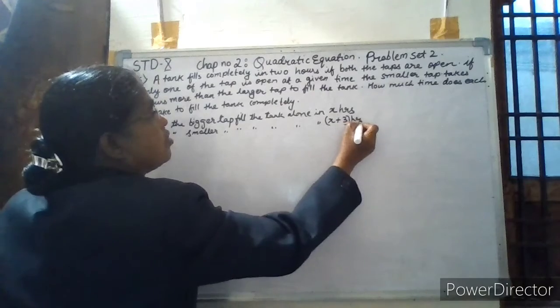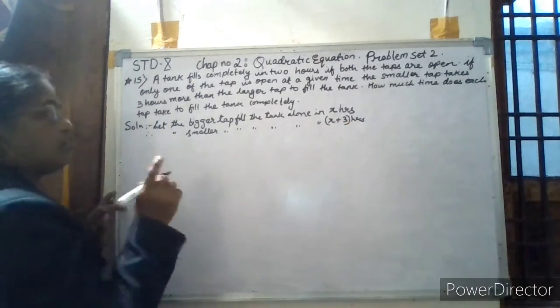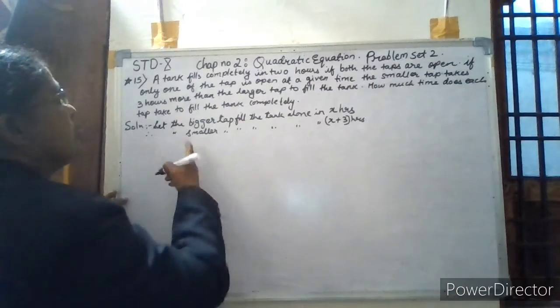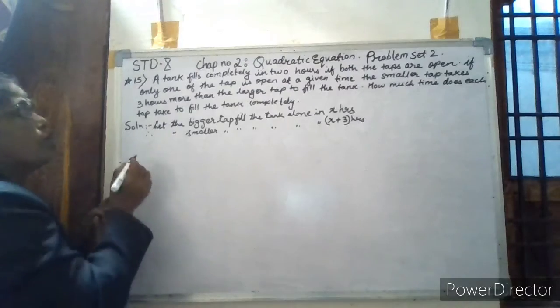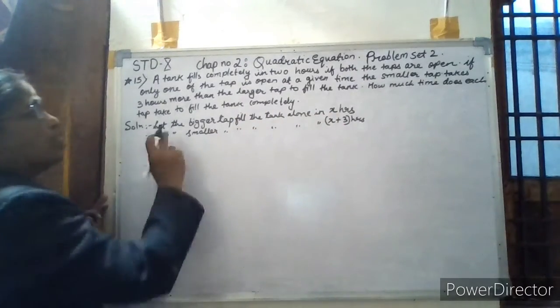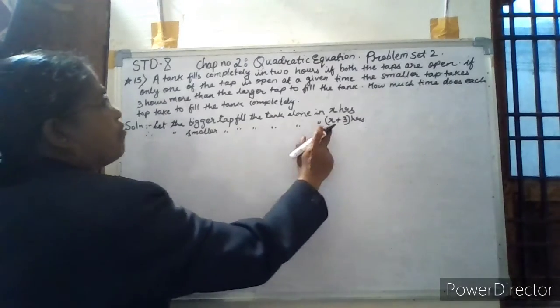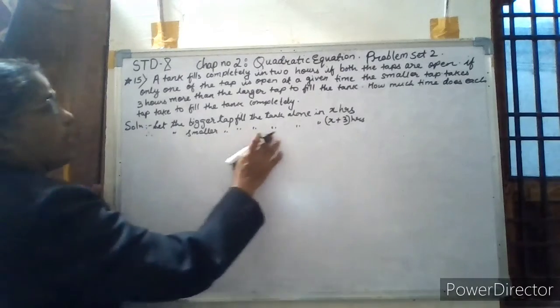This question is the same type of question as the one about John working in the exercise. So now see, we have taken x hours for the bigger tap to fill the tank, and x plus 3 hours for the smaller tap to fill the tank alone.